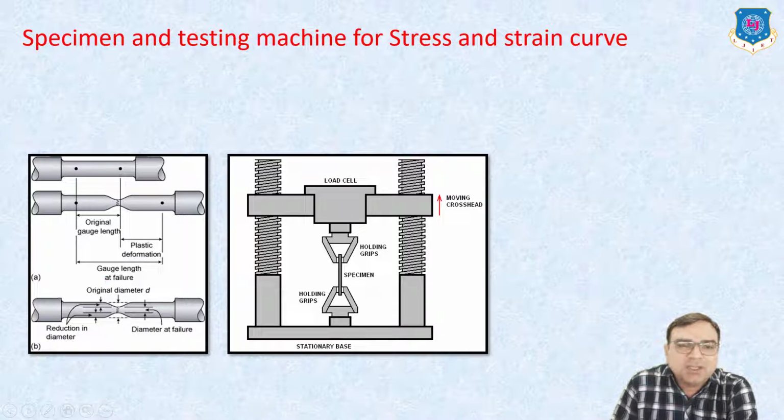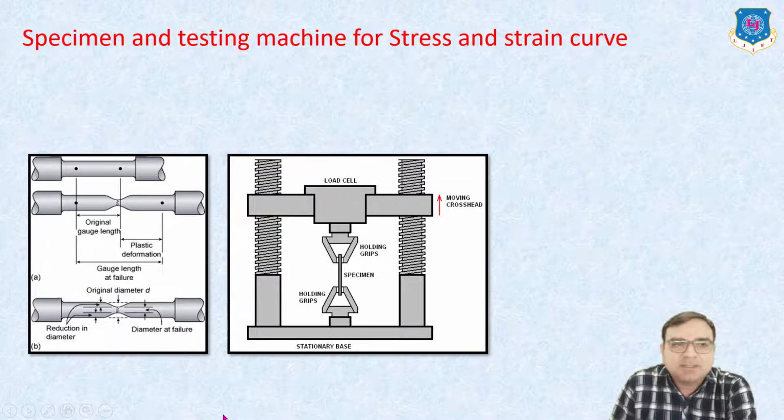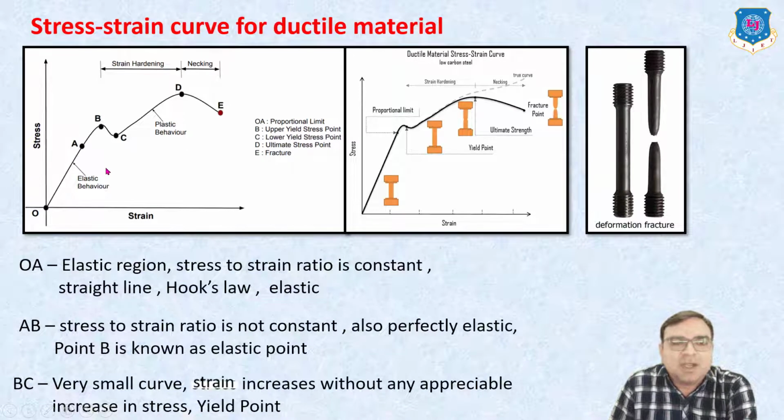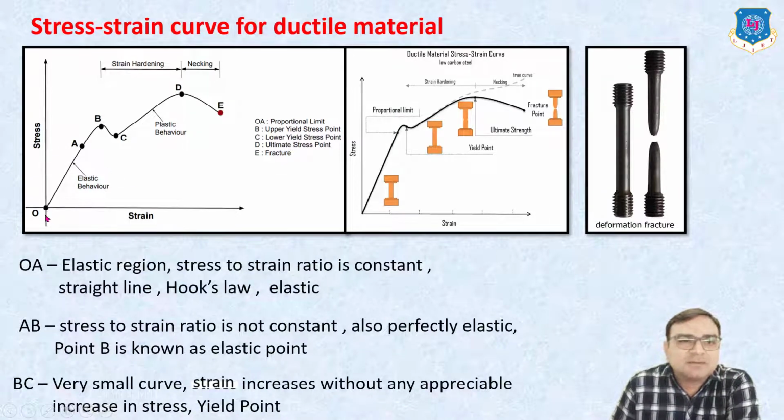So let us see the graph of stress versus strain. It starts from O. When we increase the load, stress will increase and strain will increase, but it goes up to A in linear behavior.